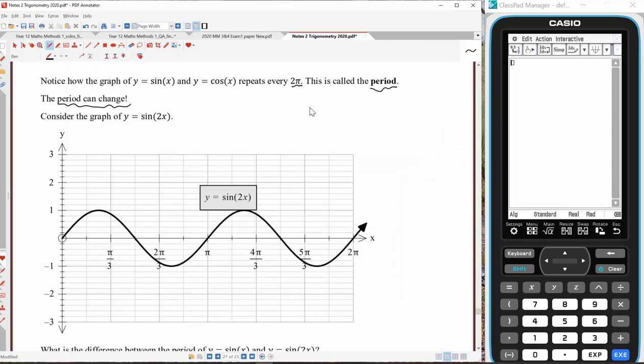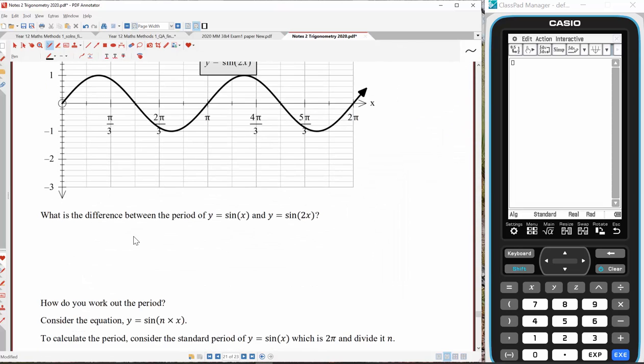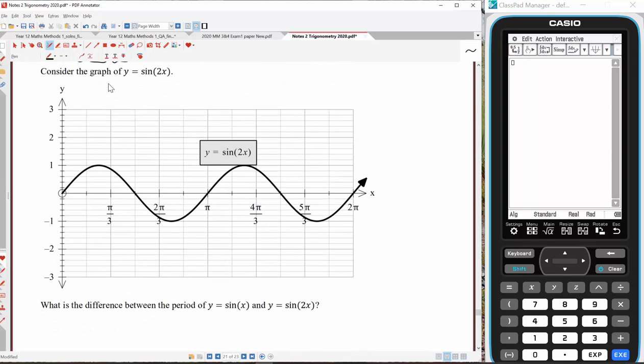All right, now let's have a look at this graph here. We've got the graph of y equals 2 sine of 2x. What's the difference between y equals sine x, which has a period of 2 pi, and y equals sine of 2x? Let's have a look at how often this repeats itself. It's actually repeating itself every pi.